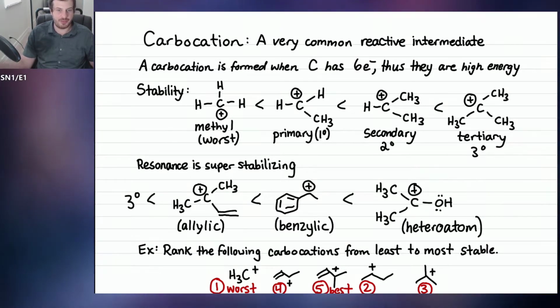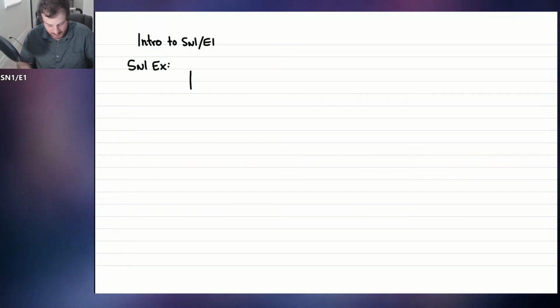All right, so now that we know about carbocations, let's actually talk about SN1 and E1. Obviously, the carbocation is involved in both of these reactions. So, intro to SN1, E1. Okay, let's first start with SN1, and let's do an SN1 example. SN1 typically starts with a tertiary substrate.